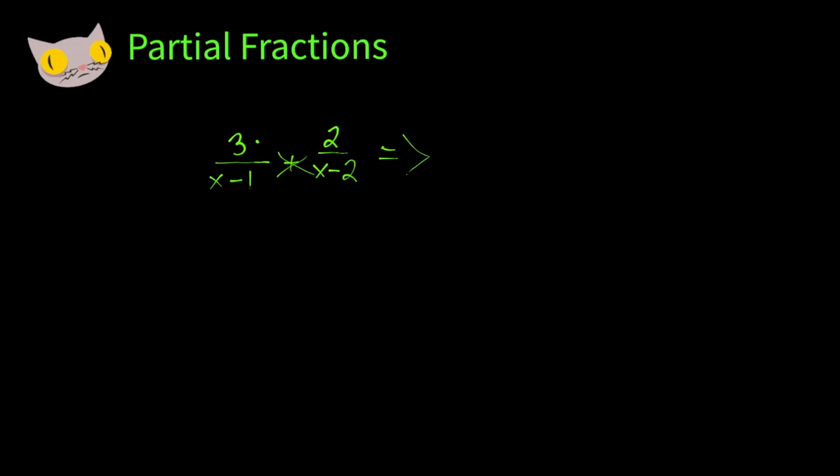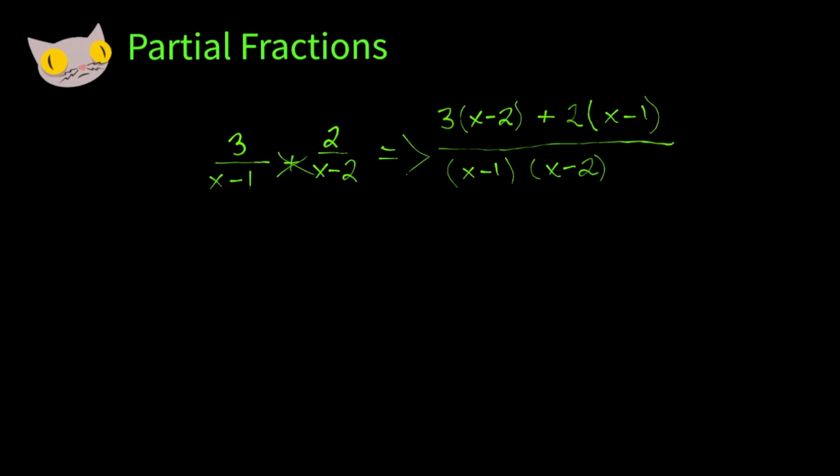So we'll do 3 times x minus 2 plus 2 times x minus 1, and then underneath that put the same x minus 1, x minus 2 from here.